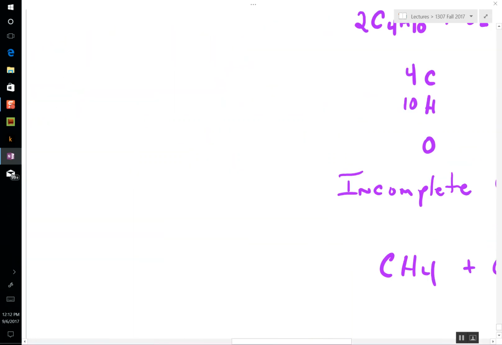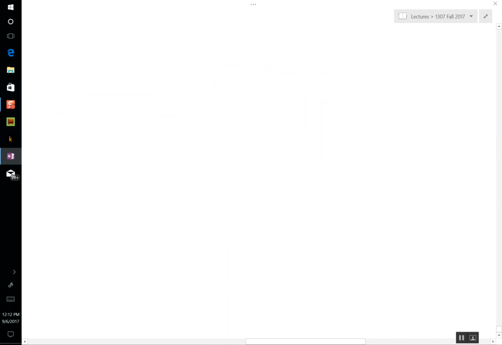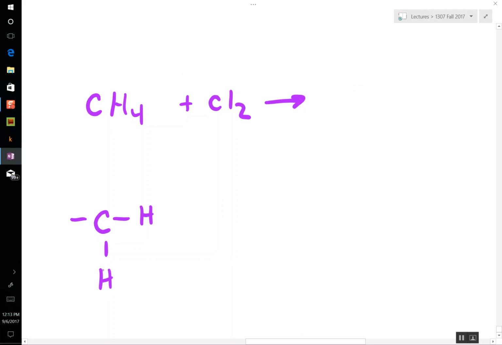And let's do a simple one. Well, let's look at this reaction. And this is the halogenation of methane. The class of this reaction is a substitution reaction.